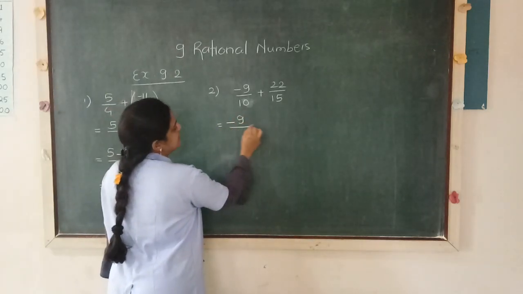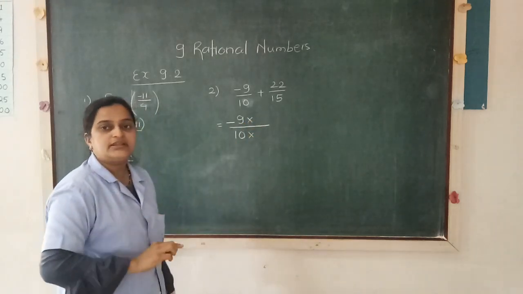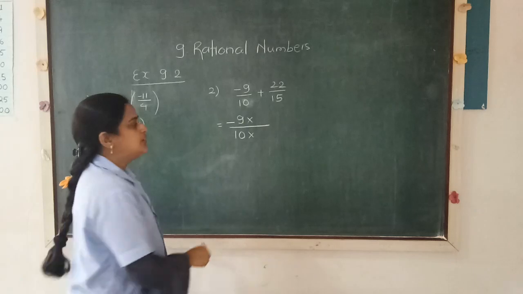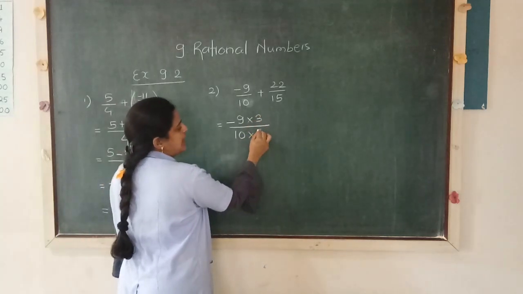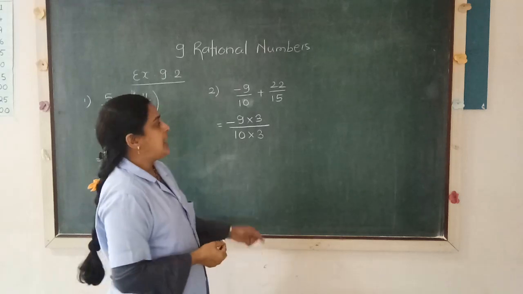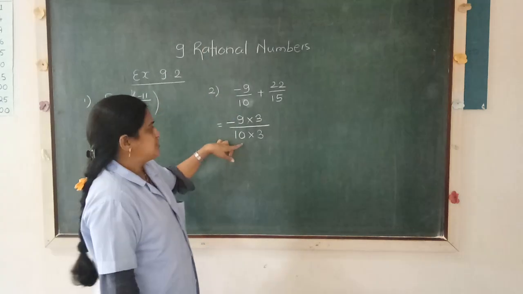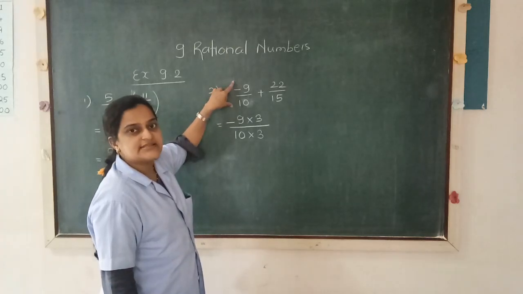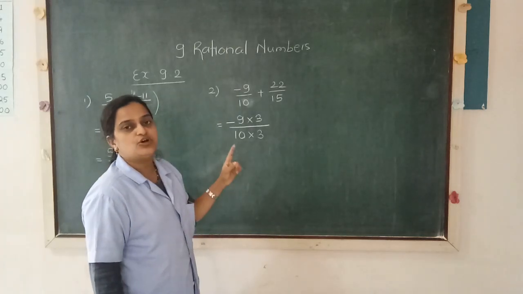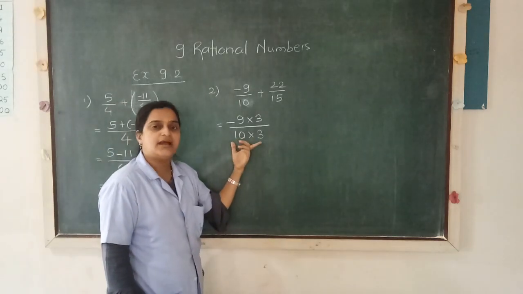So how can I make it 30? I will obtain the equivalent fraction of minus 9 upon 10 with denominator 30. For that I have to multiply it by 3. Just remember, I want the fraction equivalent to minus 9 upon 10 but with the denominator 30, and so I have multiplied by 3.